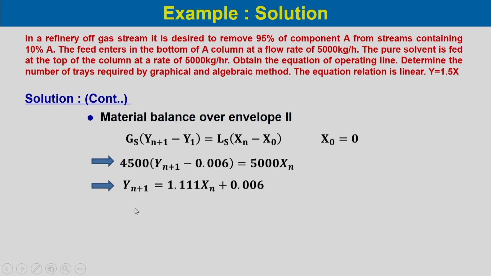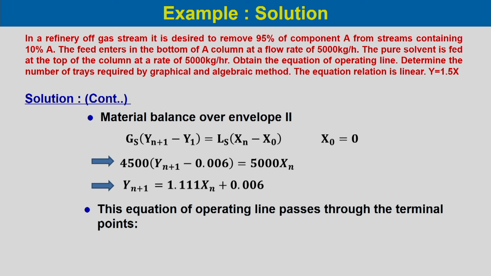It will be y n plus 1 equal to 1.111 x n plus 0.006. This is the equation of the operating line which passes through the terminal points. The top is 0 and 0.006, this is the point at the top, and the bottom is at 0.0945 and 0.111, the terminal point at the bottom.